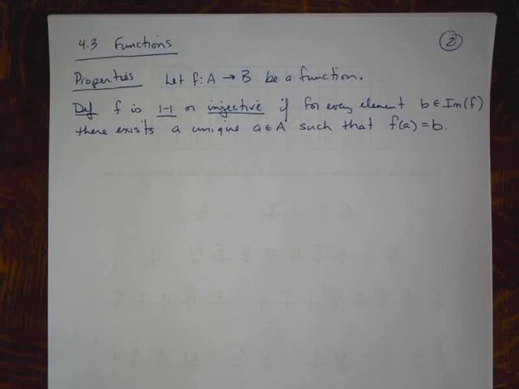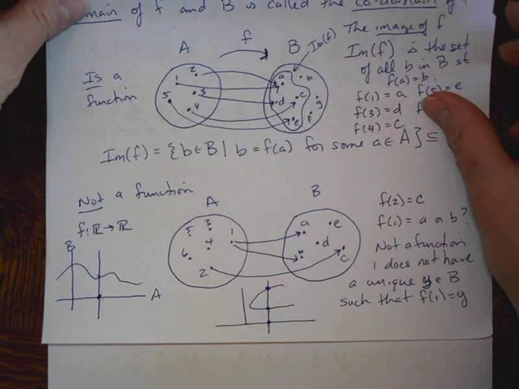So let's go back to the other example and look at it using this definition. So f is injective if for every element in the image there exists a unique element in the domain that maps to it. All right, here we go.